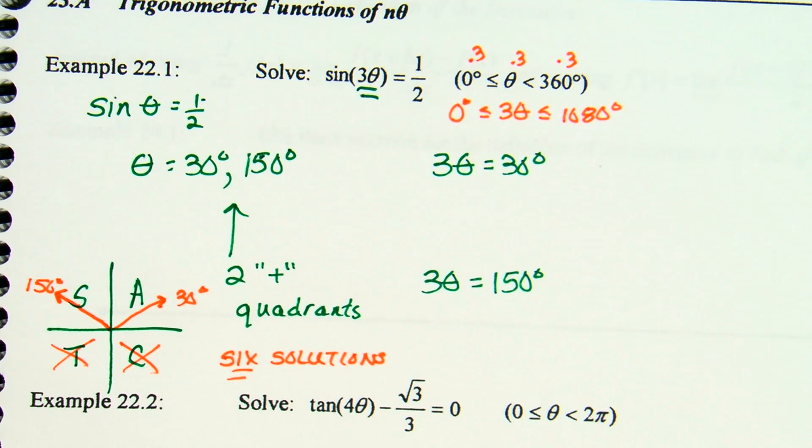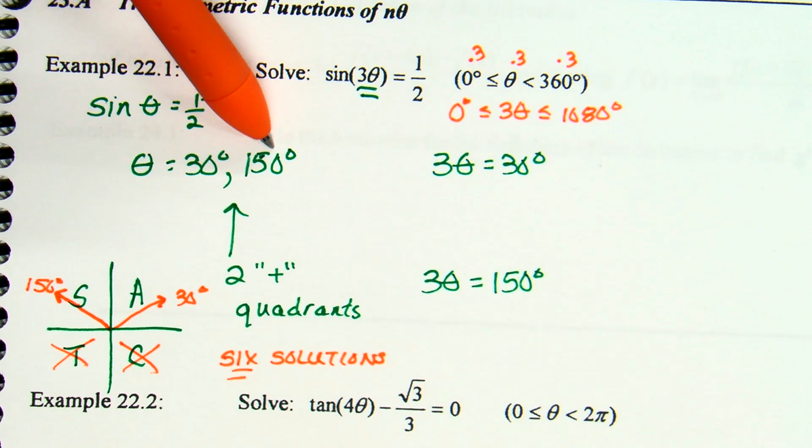And that's going to provide 2 of my answers by solving those. Do you see what I did there? It says sine of 3 theta equals 1/2. Well, we figured out that sine of 30 equals 1/2 and sine of 150 equals 1/2. So that 3 theta is equivalent to 30 and 150.